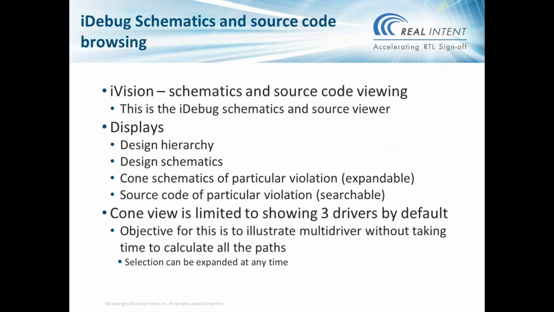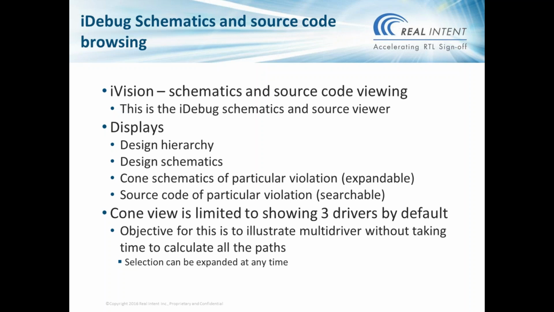Now, in terms of iDebug schematics and source code browsing, that's all done through a thing called iVision that provides schematics and source code viewing. It displays the design hierarchy, the schematics, cone schematics of a particular violation, and source view of a particular violation. All of these are searchable and expandable.